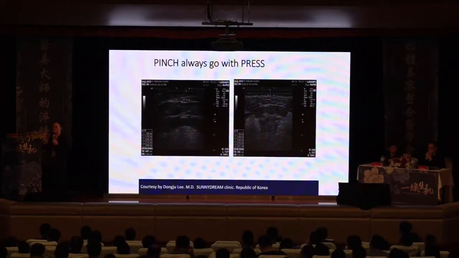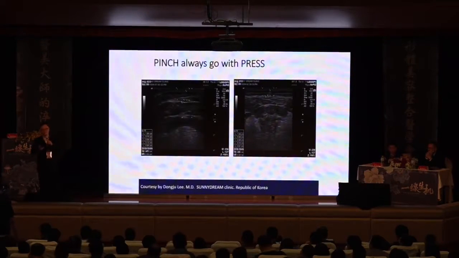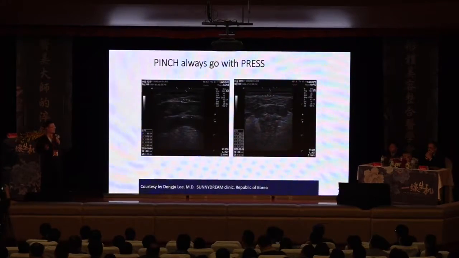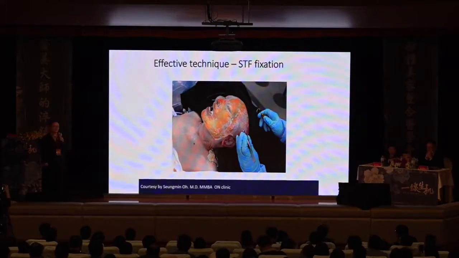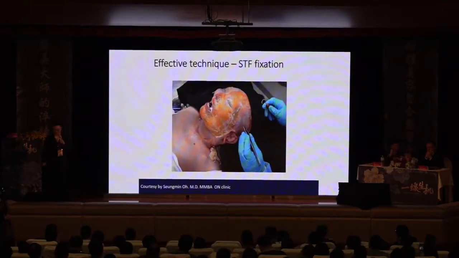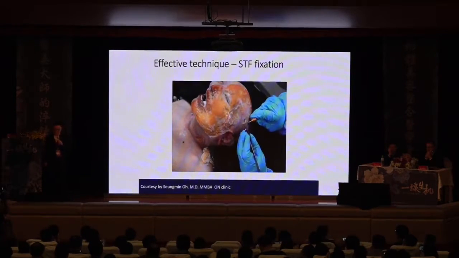The thickness of the subcutaneous pad changes. The deep pad also changes. So we are trying to study this. And I always use the DTF. I don't use just the floating tie. I tag the superficial temporal fascia.